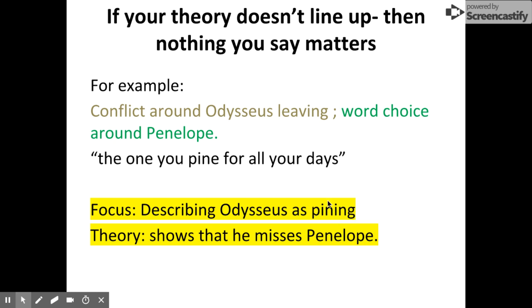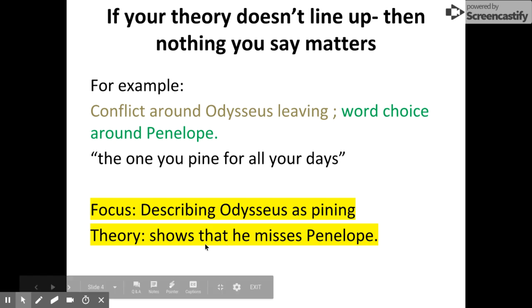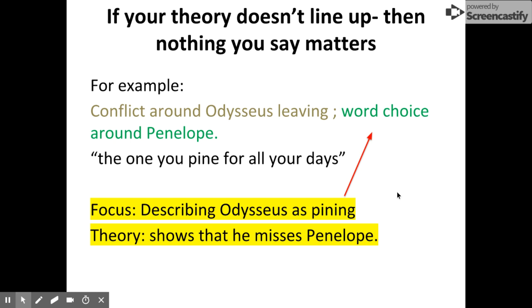I don't quite quote from my quote, but I restate that word. And then I give a theory: it shows Odysseus misses Penelope. That seems like it lines up, but pining isn't really word choice around Penelope. It's more talking about Odysseus and his missing of his wife and being the king. And so in this case, if I develop this focus and theory and I lay out my logic and connect, it won't really matter because I'm off topic.